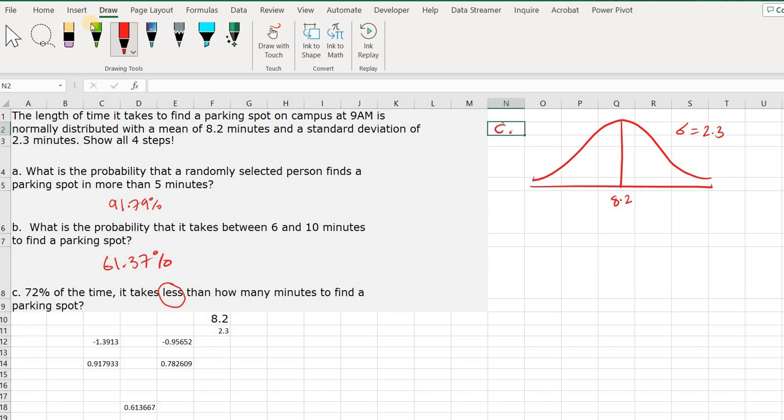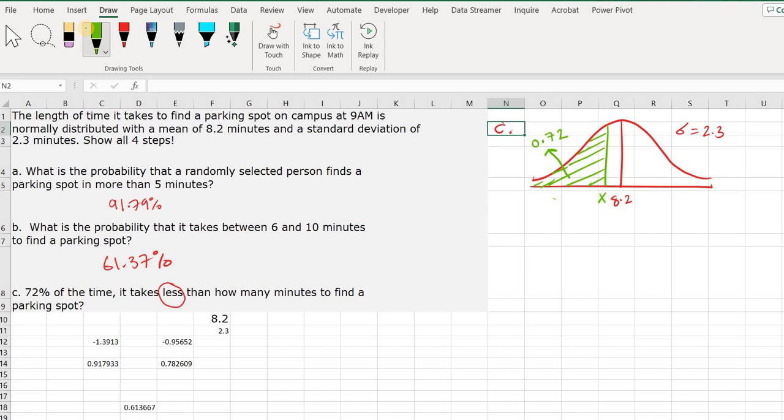This is a must. And then I will assume anywhere there is a number x, and this is less than that number of minutes. And that was given to me, which is 72%, or I can write it as a decimal, which is 0.72. So 72% of the time, what is the number that it takes less than that number to find a parking spot?